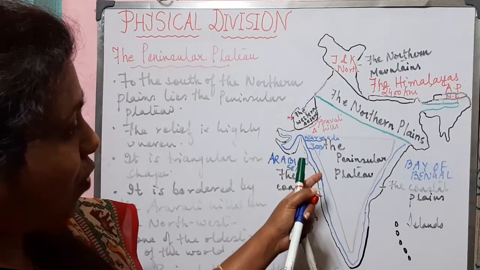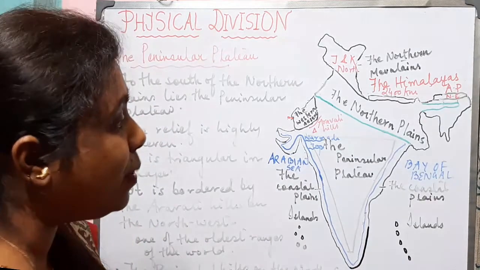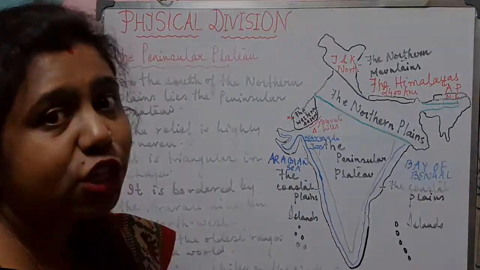Now the Narmada River that flows through the Peninsular Plateau forms the Narmada Valley, and the Narmada Valley divides the Peninsular Plateau into two parts. Let us know which are the two parts.